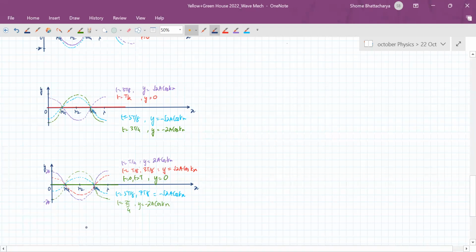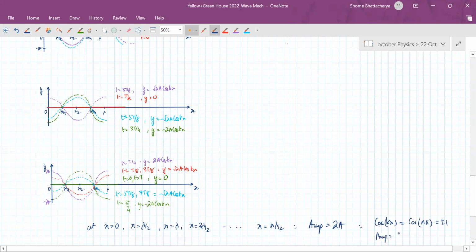So you can see that at x equal to 0, x equal to lambda by 2, x equal to lambda, x equal to 3 lambda by 2, and so on, multiples of lambda by 2, the amplitude of oscillation is equal to 2a, because cos kx at these points becomes cos of n pi, which is plus minus 1.